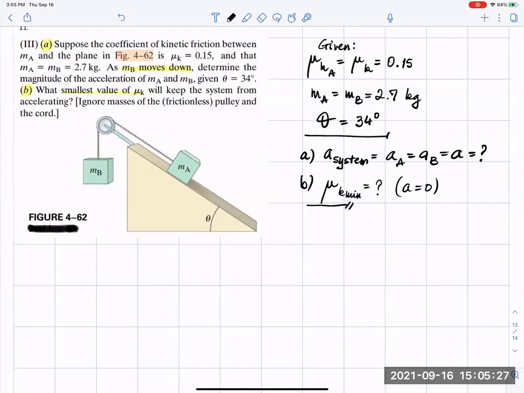Okay, so for this, same idea like we did before, you really need to focus on isolating each object here and drawing the free body diagrams first. That's key. However, one important note here: ignore the mass of the pulley, the pulley is frictionless, and so is the cord. That means when you are isolating this system, when you imaginarily cut this wire and this wire, you isolate each system.